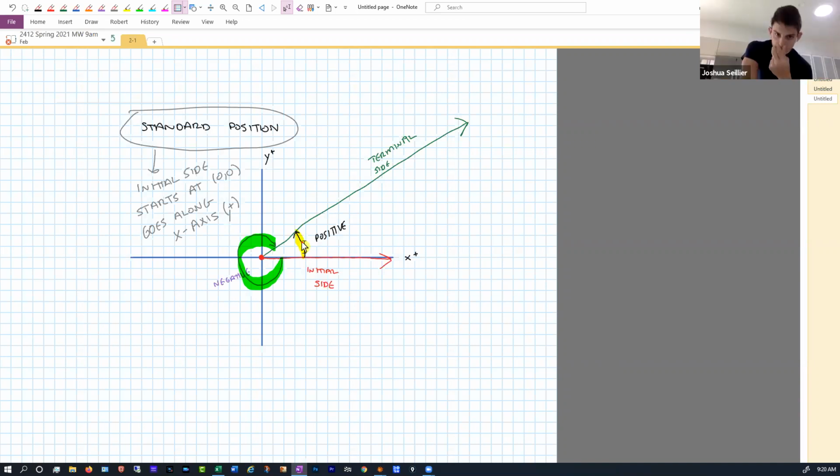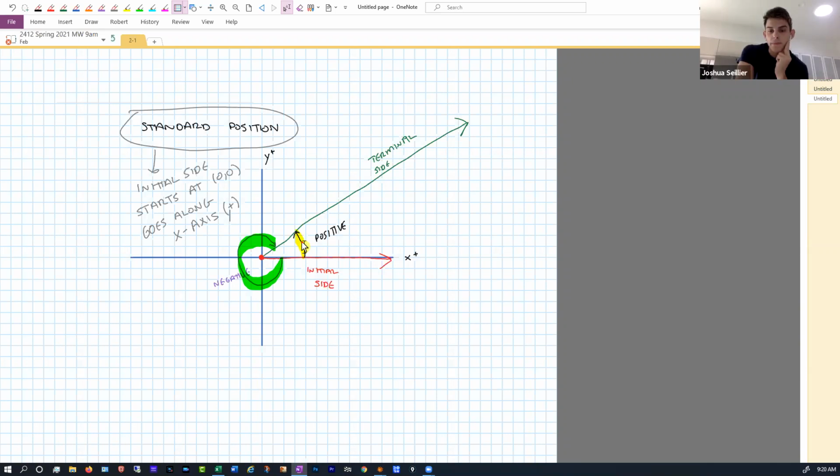So is this why we're allowed to determine what's the initial side and what's the terminal side? I'm not quite sure I understand. So you said we're allowed to determine what side is the terminal side and what side is the initial side, correct? In general, given two rays, you put them together, you can always decide which side's initial and terminal. Okay.